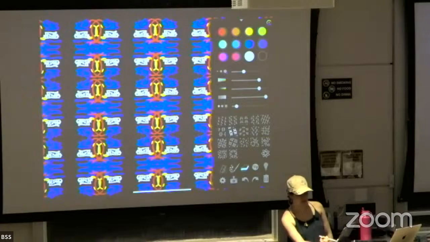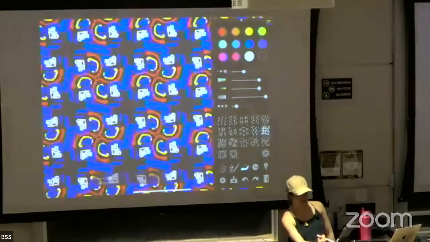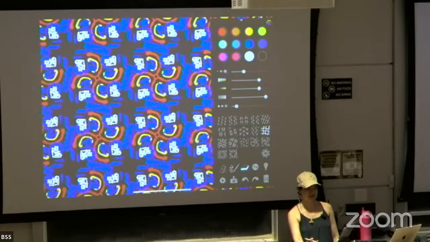So you can play around with this. You have to be a little careful with 442, the rotational one, because you cannot not get swastikas. You just have to be careful with that one.